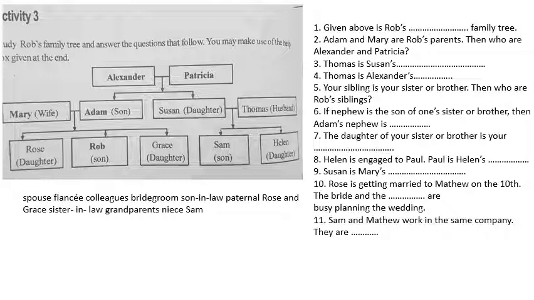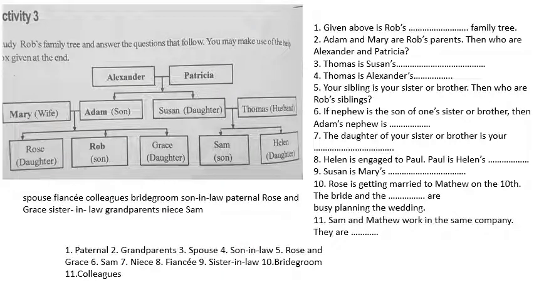So Adam is Rob's father, and Adam's parents are Alexander and Patricia, which means this is Rob's paternal family tree, his father's side. So paternal, P-A-T-E-R-N-A-L, paternal family tree.